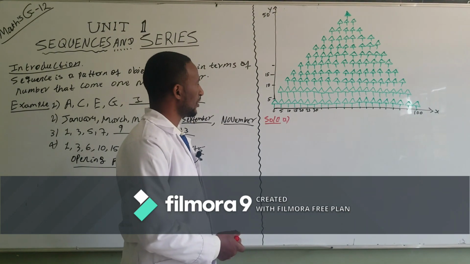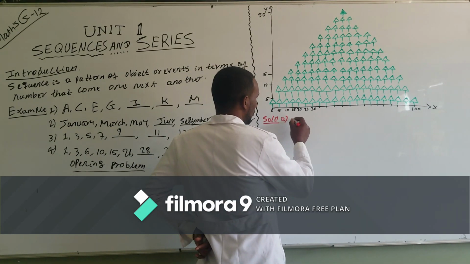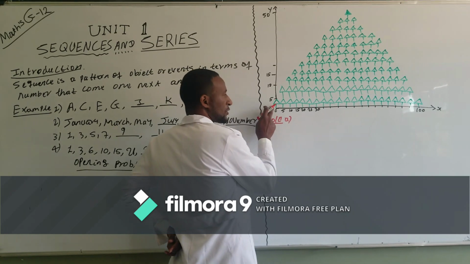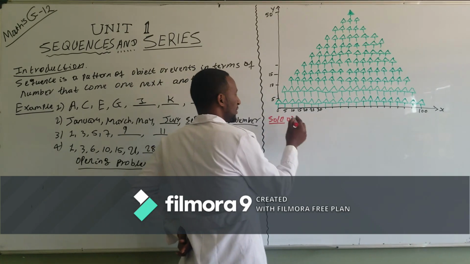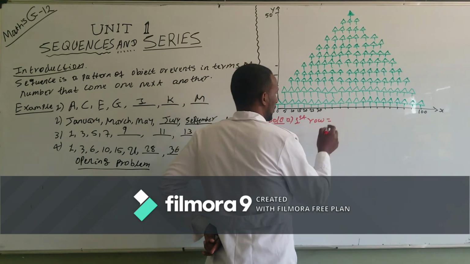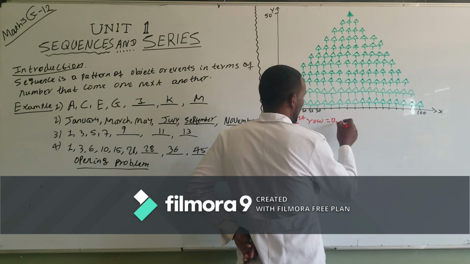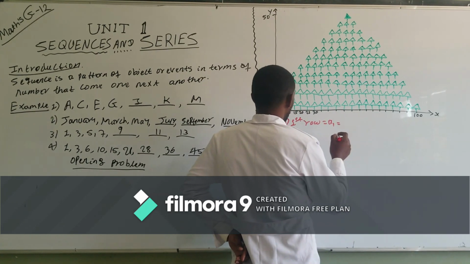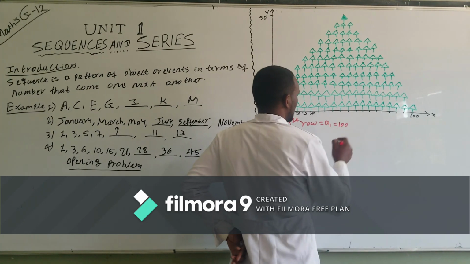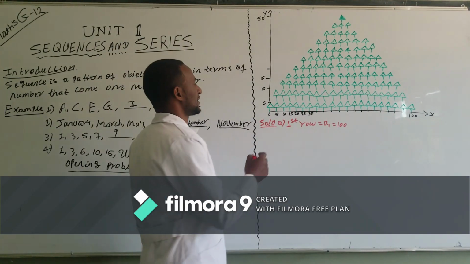First of all, if we take the base of this triangular region as the first row, which is equal to A1, which is equal to 100. The length of the first row is 100.